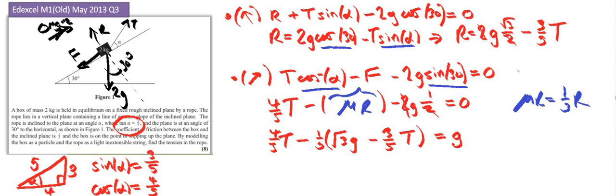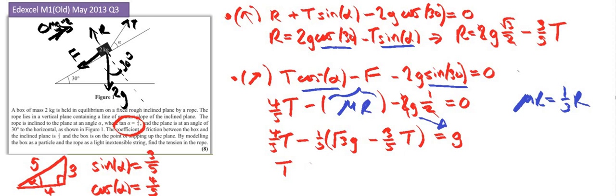Okay, so all we've done is taken that to the other side. Now I can expand out my brackets and do 1/3 times 3/5. So I'm going to add 1/5 of T, and I've already got 4/5, so that gives me a whole T. I'm subtracting 1/3 of √3 times g.